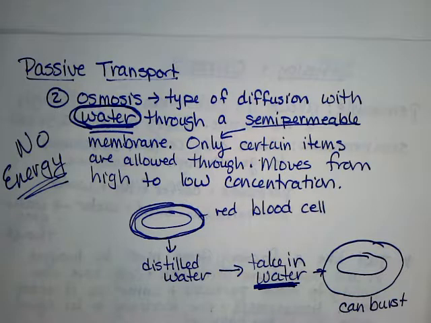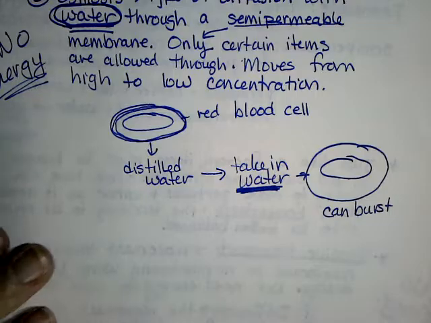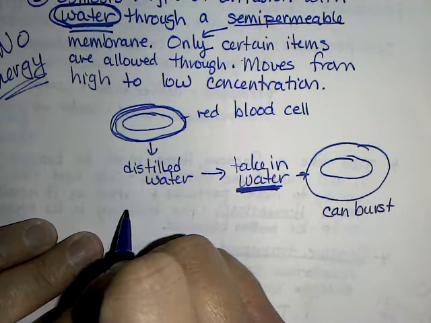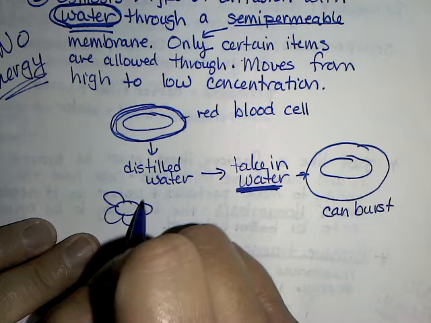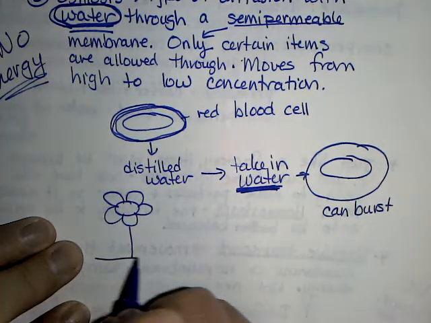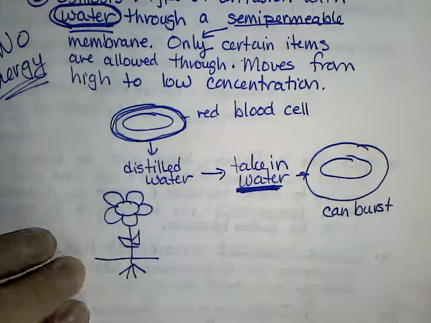Everybody good? Okay. A second example of osmosis would be a plant. So let's say I have a plant. Okay, and there's the ground, and the plant's got some roots. Real quick drawing, nothing super fancy.